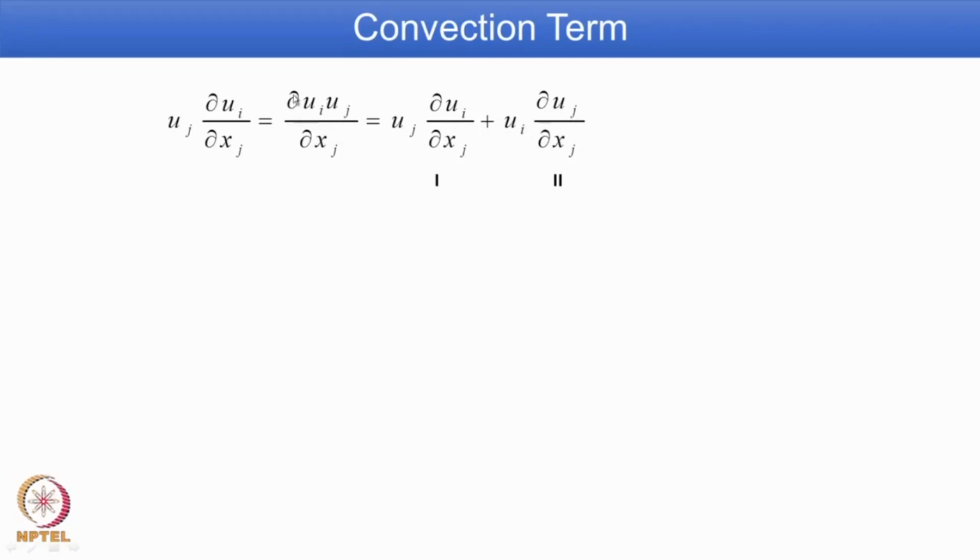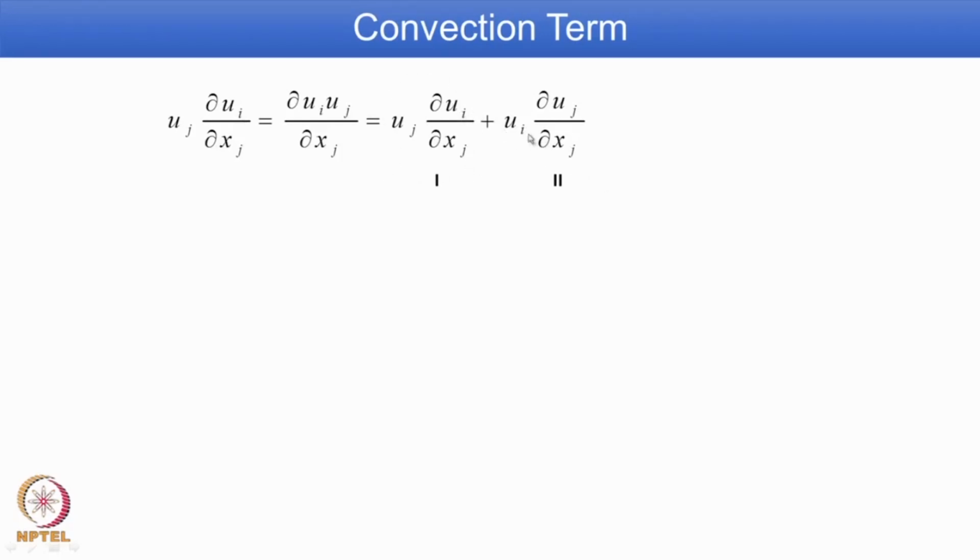So, you perform ∂/∂x_j on this variable u_i u_j, apply the product rule, and you get two different terms as shown here. If you look at this carefully, the first term is the actual convection term, u_j ∂u_i/∂x_j.